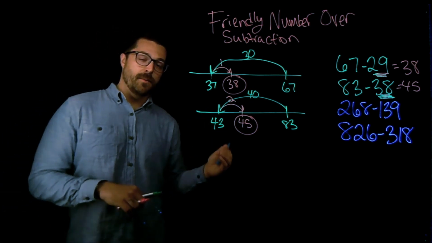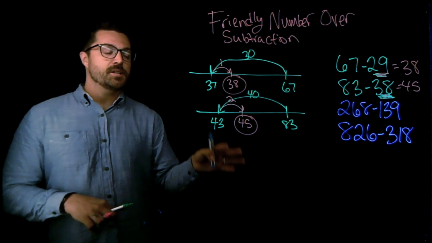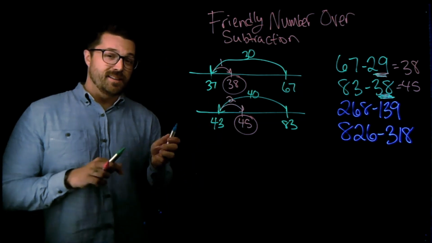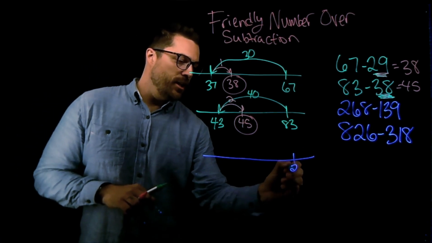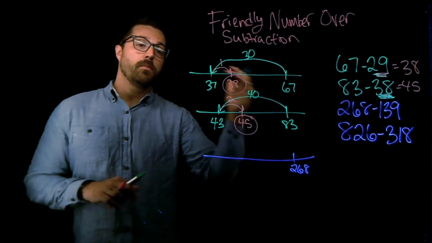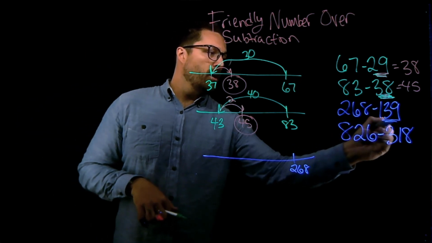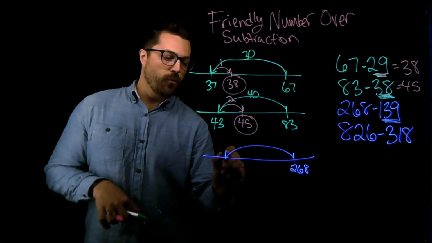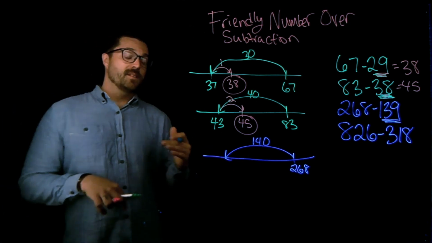All right, again, this works really well because as we increase the ranges of numbers, in second grade we jump up to 1,000, in third grade we jump up to 10,000. The strategy and model, the reasoning, the way we represent the reasoning, it still works. So we'll start with 268, and we know we need to remove 139. But I notice this 139 is really close to 140, and 140 is a more friendly number to take away.